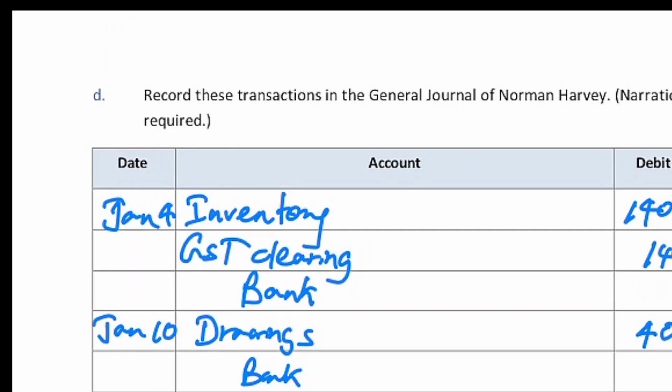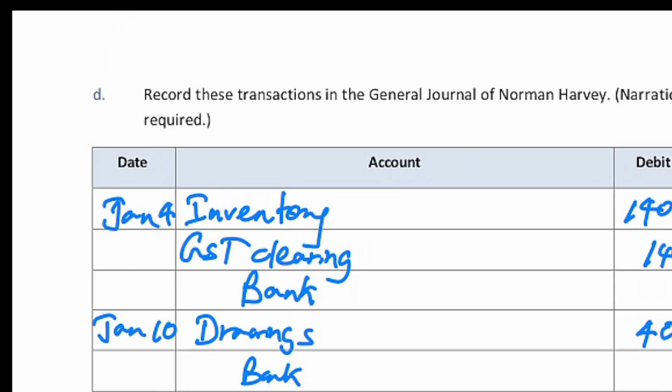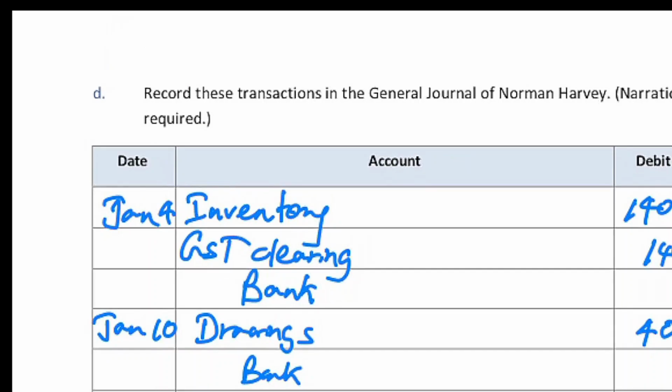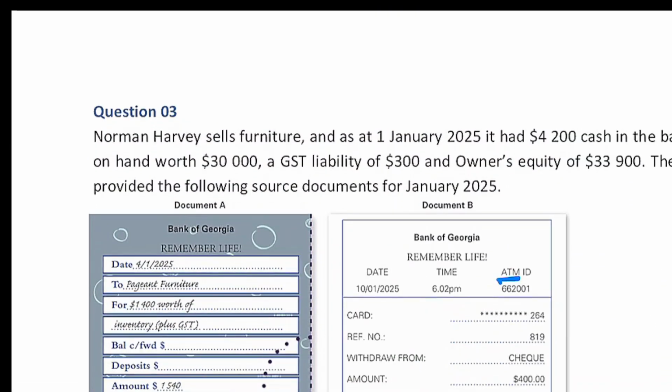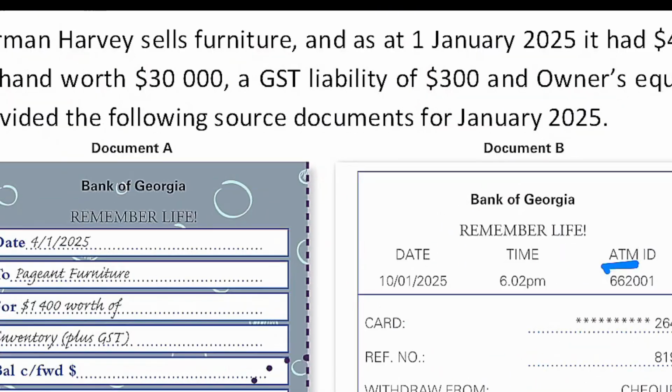If it was a narration, what would you write? Owner withdrawing money and the ATM docket reference. So how would you write a narration?